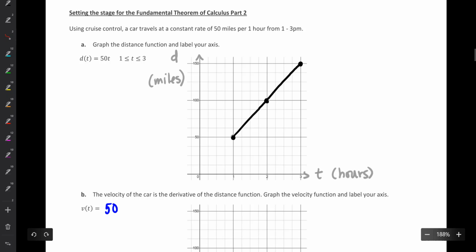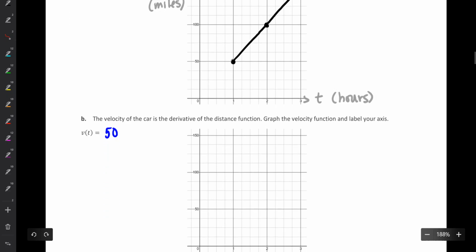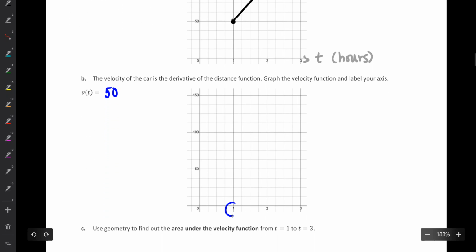It's a constant 50. My velocity from time 1 o'clock to 3 o'clock, and here I'm graphing the velocity in miles per hour. It's always 50.